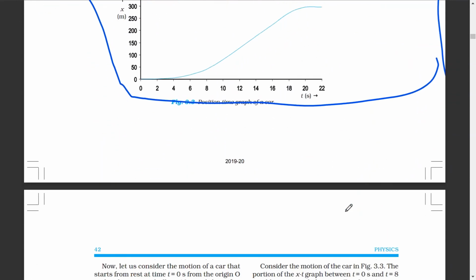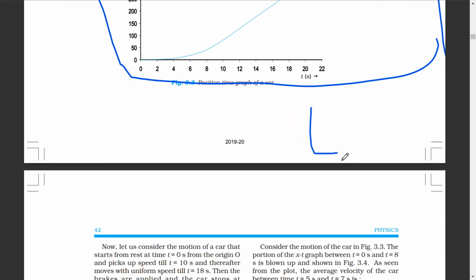If a body is moving with uniform acceleration, do you know how the x-t graph looks? You might be thinking that it is going to be a straight line. No, you are wrong. It will never be a straight line if the body is moving with uniform accelerated motion. If it is moving with a uniform velocity, then it will be a straight line.